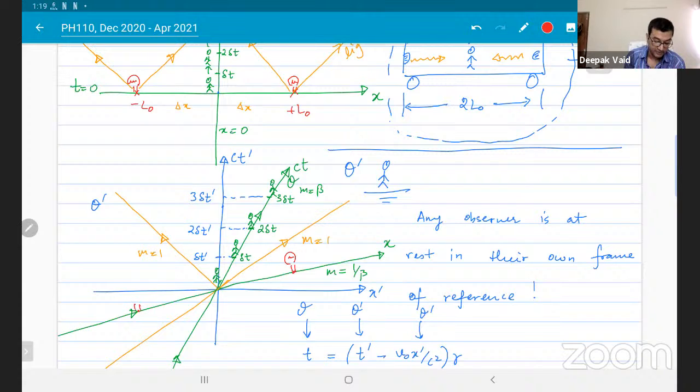This is the constant time surface of O as seen by O prime. But are these 2 points at the same time? Are they on the same time surface as seen by O prime?